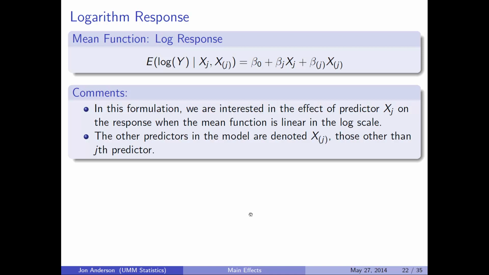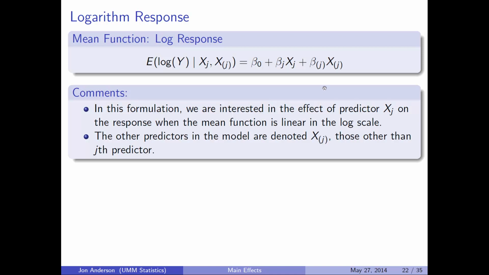And that brings us to thinking about how to interpret an effect when the response variable is in the log scale. For the next discussion, we're going to be thinking about changing the predictor xj by a unit. What happens to the response? Well, in this model, there is a linear mean function in terms of the log of y. For the moment, we'll talk about log base e, but there are equivalent statements for other base logarithms.